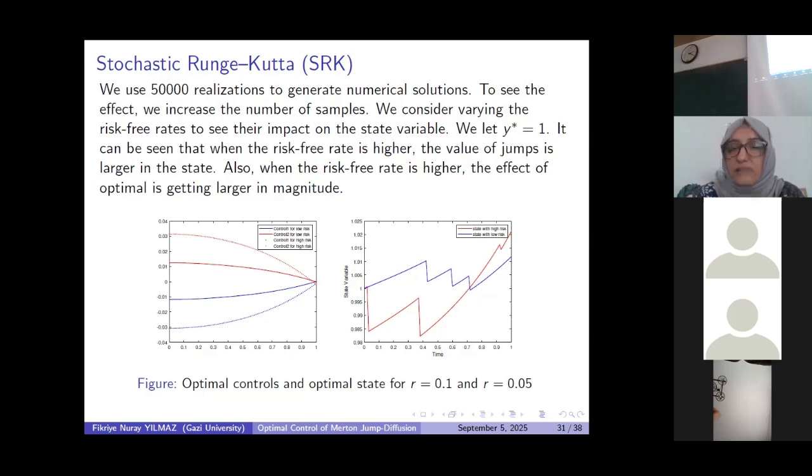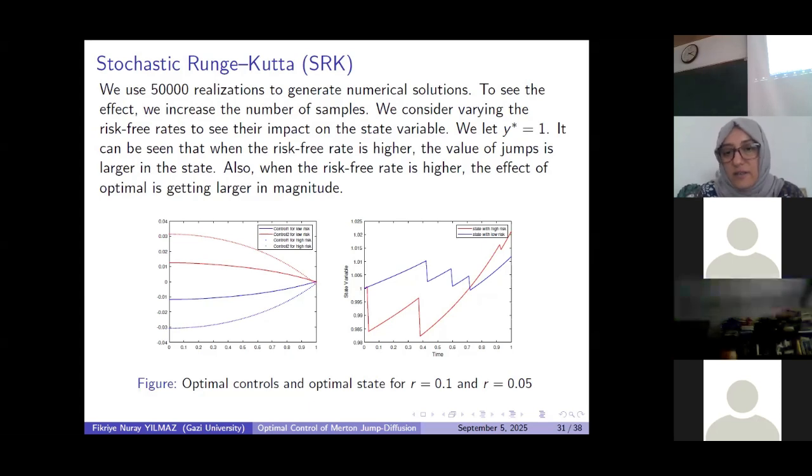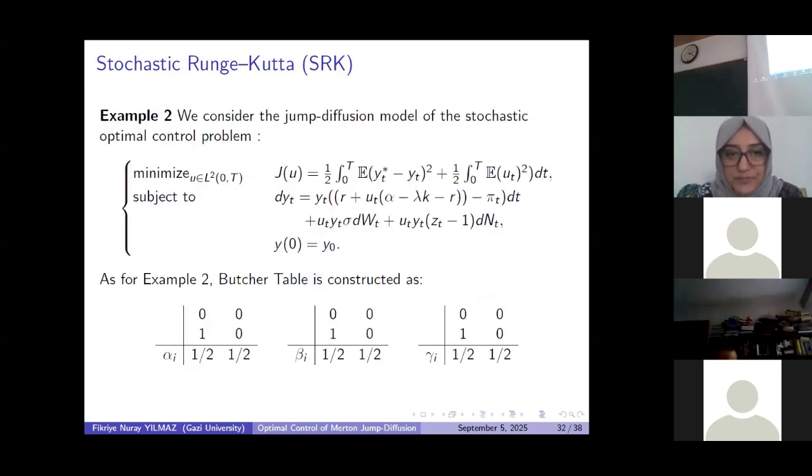So it is directly dependent on the value of the risk coefficient. The left-hand side graph is a comparison for the control variable, and the right-hand side is for the state variable by using different values for the risk coefficient.